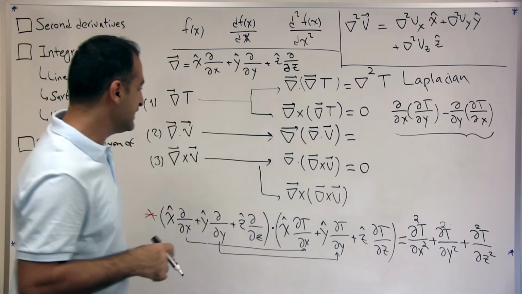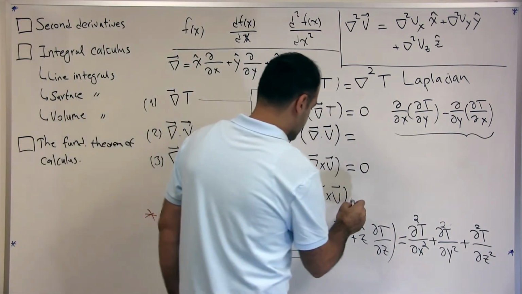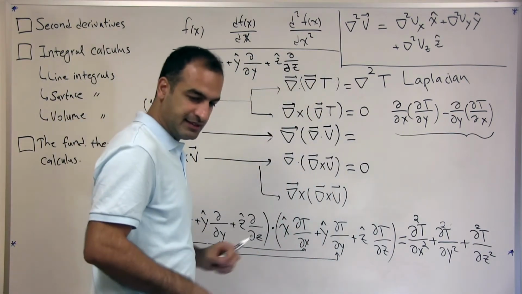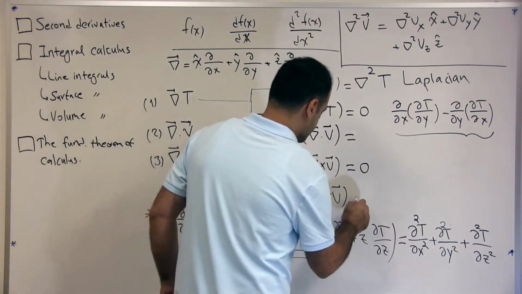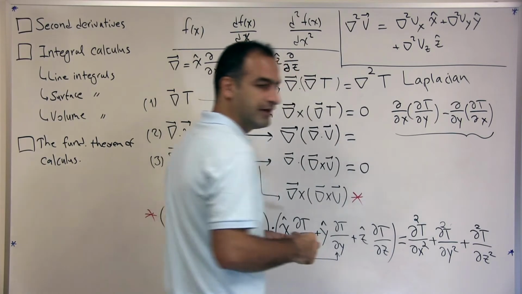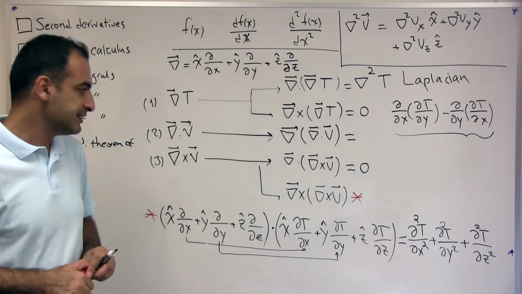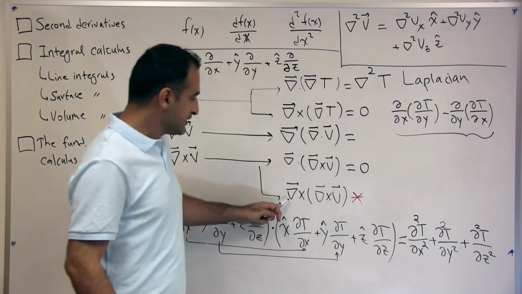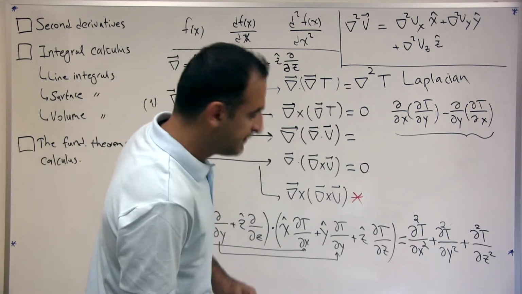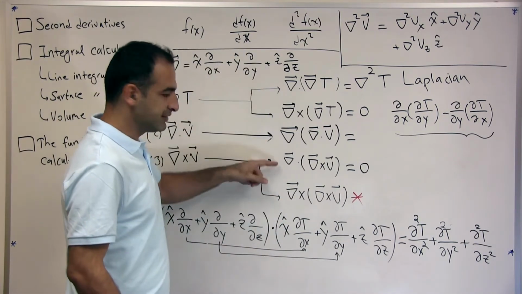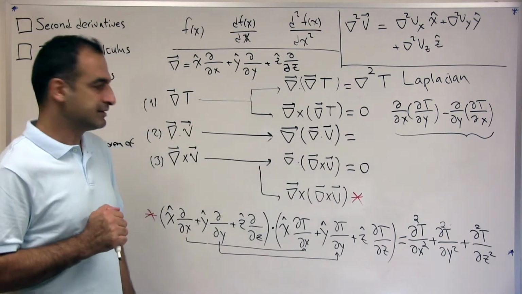Okay, so the last one is curl of the curl. Okay, and this thing can be expanded. This is also rare. Maybe we use it once or twice in the second part of this course. But the thing about this one is that this can be expanded and written in terms of other second derivatives.